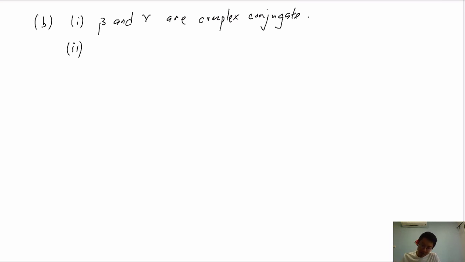What we can do is give beta and gamma a name. Let's say we call beta a plus bi, so we know that gamma in this case is a minus bi.